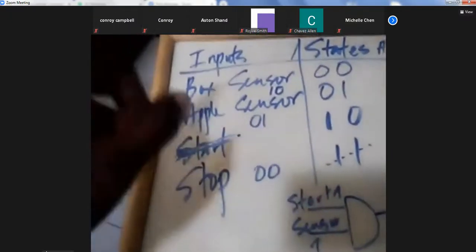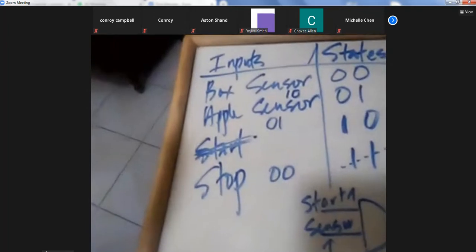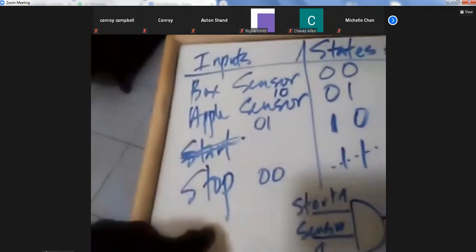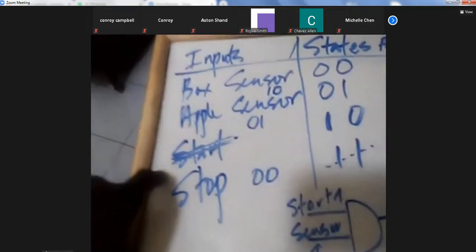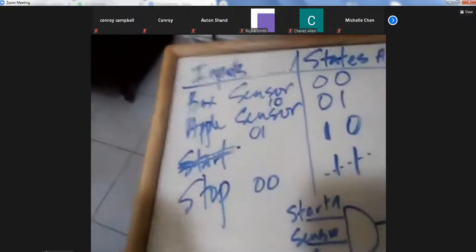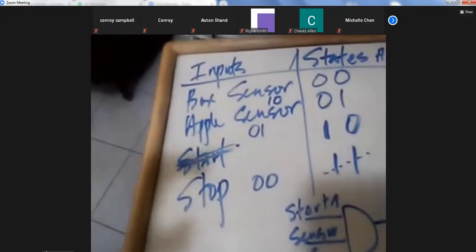And we note our inputs, which are the switches, whatever you turn on or off, any sensor or any switch. So we have 3 switches, and I was explaining that I'm leaving out the start because the start usually is connected via an AND gate to all of the sensors. The start switch is just an enabler.